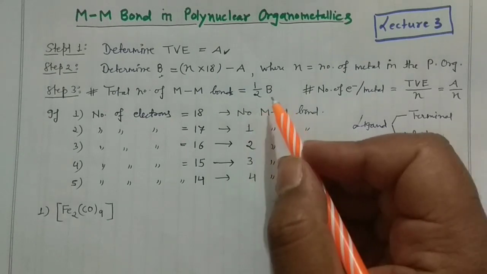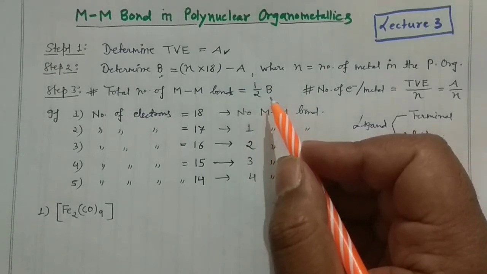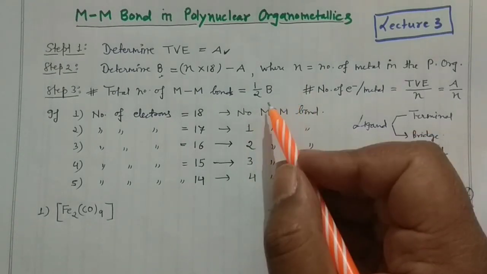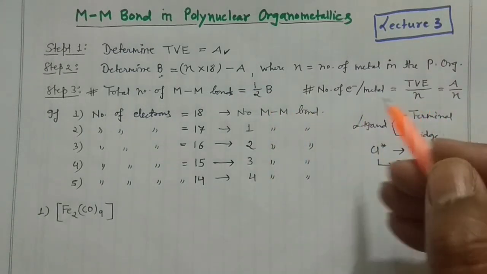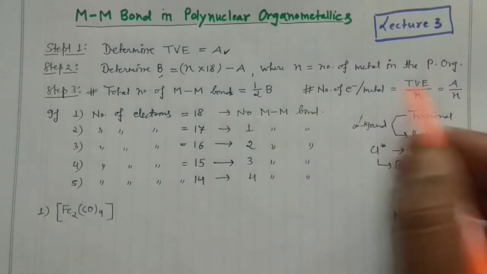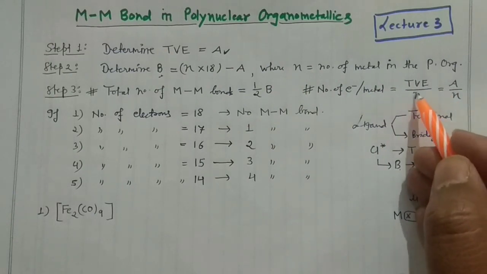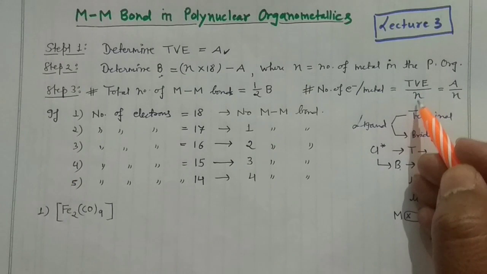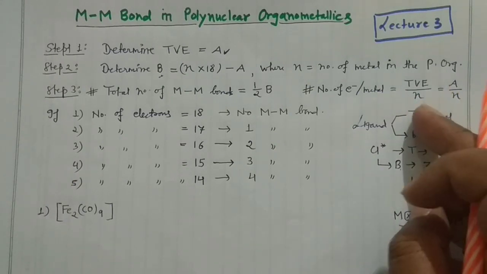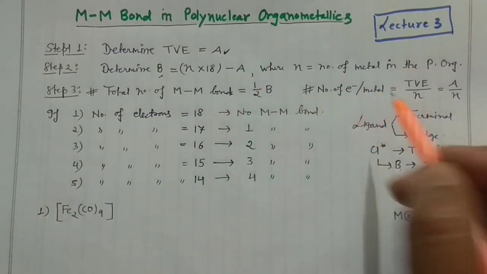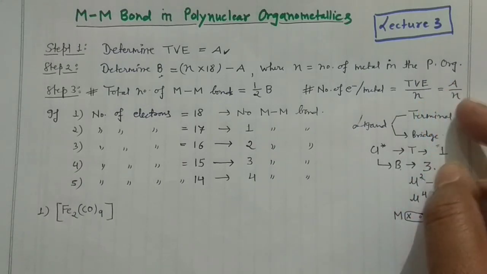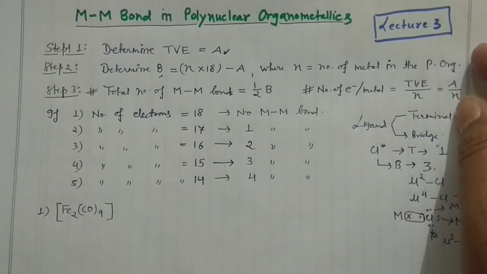Okay, and if you want to determine the number of electrons present per metal, then you divide the total valence electron by the number of metals present in the complex. This is as simple. Okay, this is quite simple. All these things are quite logical, and based on logic these things are derived.